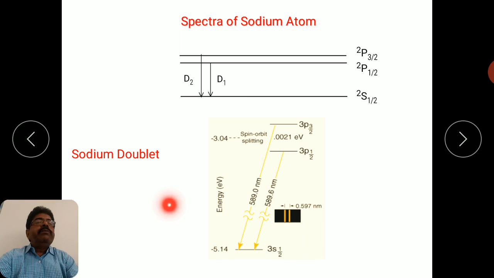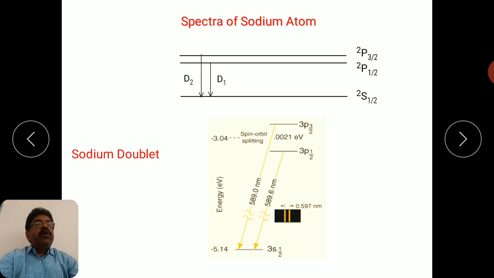This is the energy represented in electron volts, and you can see the first transition, P 3/2 to S 1/2. It has the higher energy, therefore the smaller wavelength, 589.0 nanometer, or 5890 angstrom unit, and the second one results in 589.6 nanometer, or simply 5896 angstrom unit.